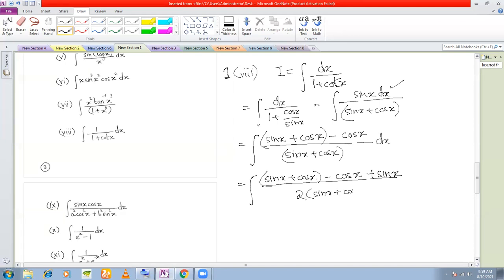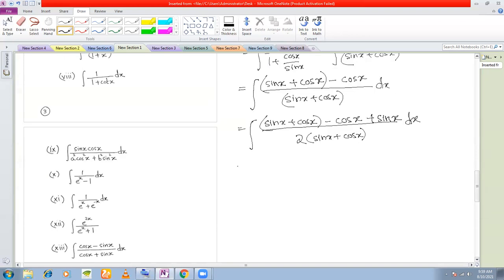Sin x plus cos x, right? dx, which is equal to integration sin x plus cos x plus, and here you have the derivative of the denominator, which is cos x minus sin x. So I take the minus sign outside and write this as cos x minus sin x divided by sin x plus cos x dx.